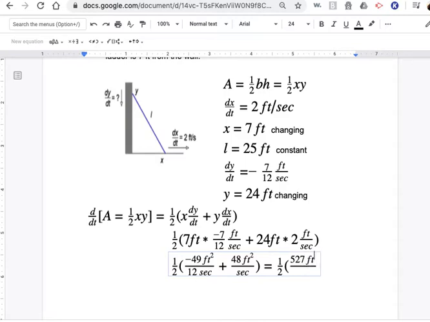Still feet squared, and that's going to be over 12 seconds. And when we multiply that together, it's going to give us 527 over 24 as a final answer here.